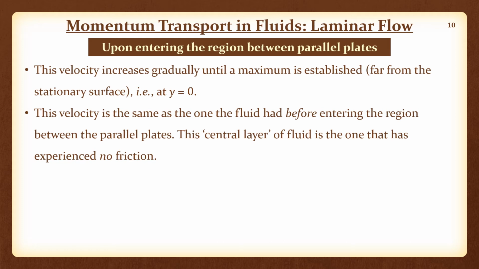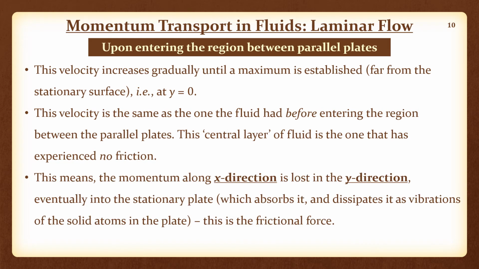In other words, you could argue that the central layer of fluid is the one that has experienced practically no friction. This means the momentum along the x direction is lost in the y direction, eventually into the stationary plate, which absorbs it and dissipates it as vibrations of the solid atoms in the plane. And this is your frictional force.